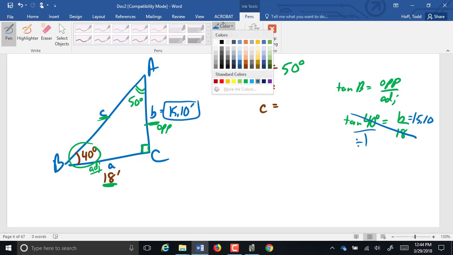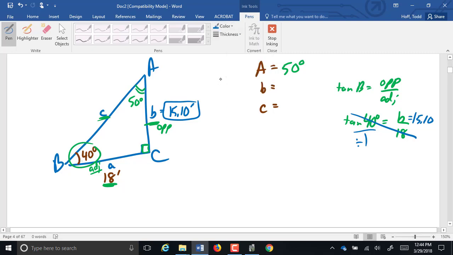Yes. Now to get C, I have a few options here. I can do a squared plus b squared equals c squared. That would work. Or I can do, this would be my adjacent side, c is the hypotenuse, that would be cosine.